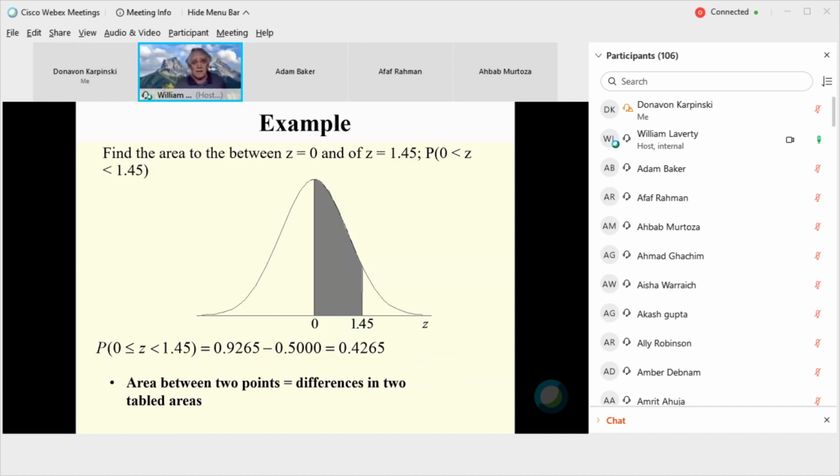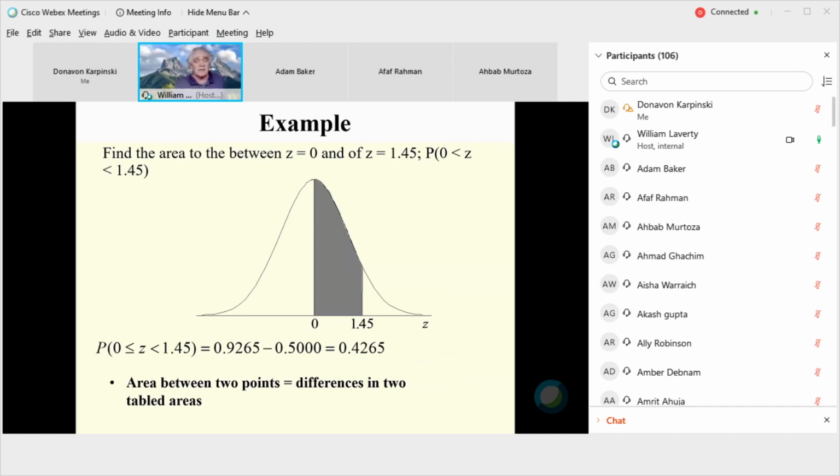If I want to find the area between two points, I look up the area below 1.45. So I'm going to go from 0 to 1.45. That's the area that I want. Look at the table for 1.45, get 0.9265. That would be everything below 1.45. So I have to subtract off the area below 0. You don't have to look up that value because 0 will divide the area in half.